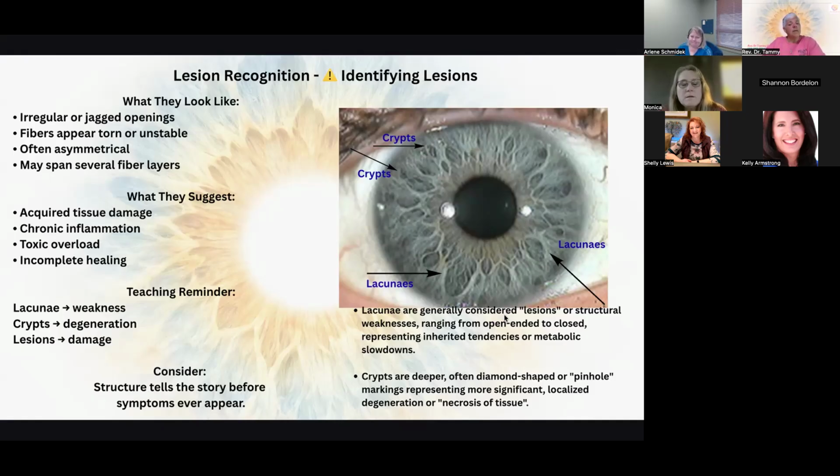Whereas a crypt, depending on the area that it is, this might be mouth, teeth, or it could also be the neck area. So this may be that they've got some neck or cervical issues or degenerative teeth going on. Well, if it's teeth, I think I would address those first and foremost.